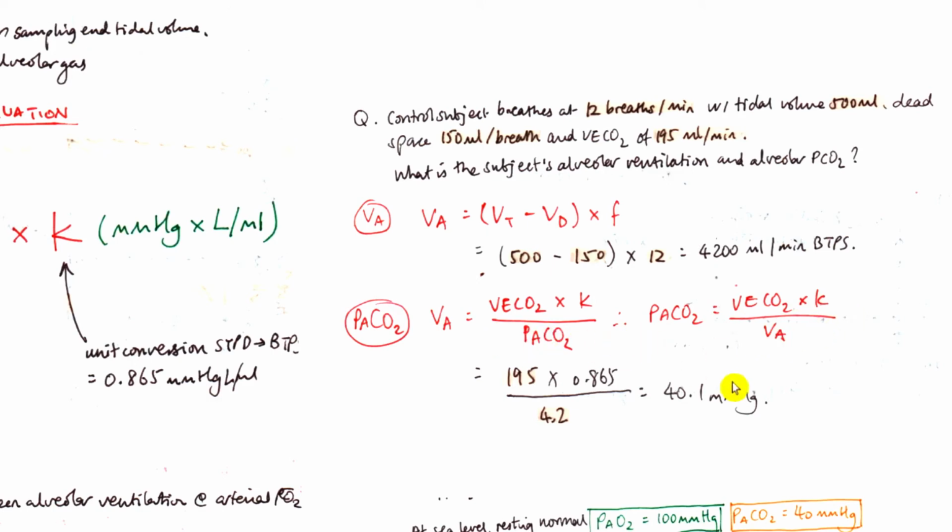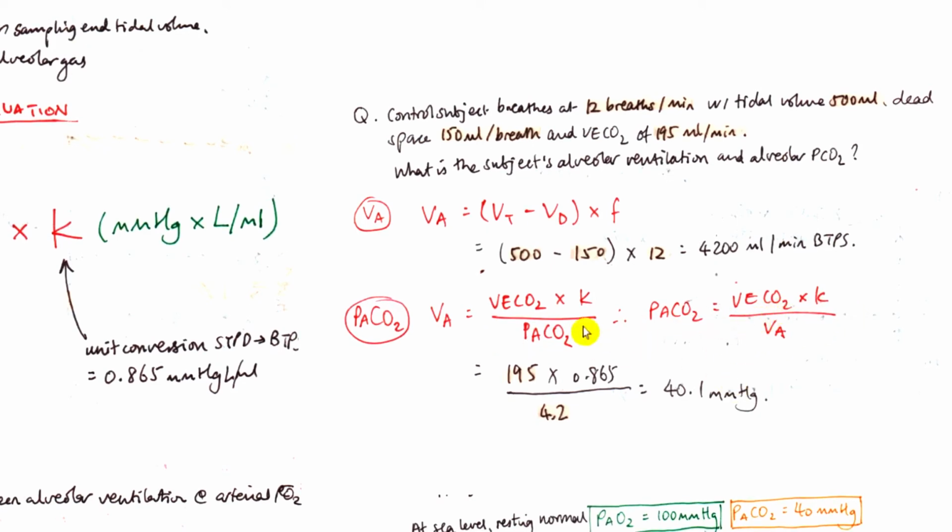Now if we plug in the numbers, PACO2 is equal to VCO2, which we know is 195, times K, 0.863, divided by the VA, which we already calculated to be 4.2 litres. Got to remember the litre conversion there. And that's equal to 40.1 millimeters of mercury.